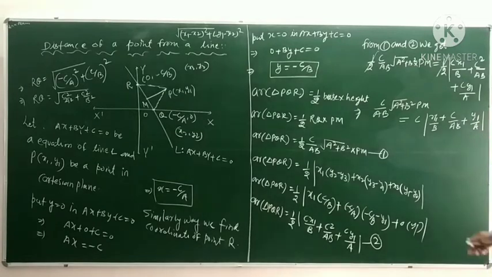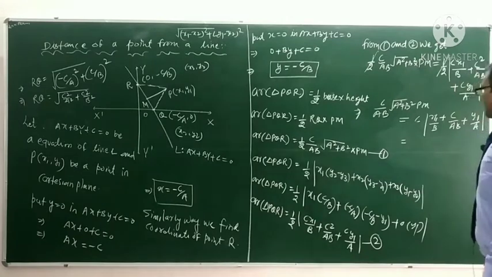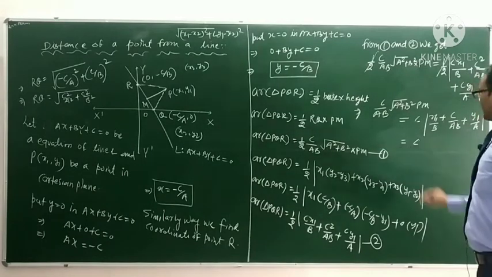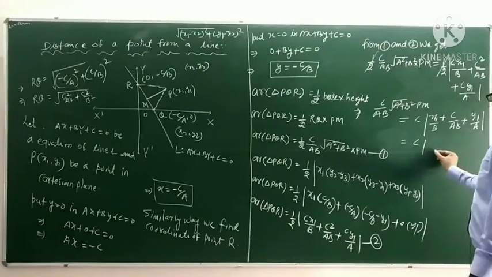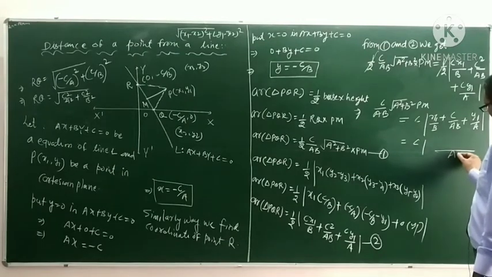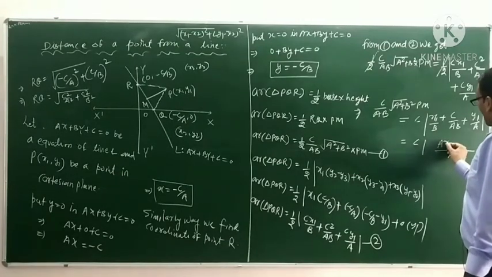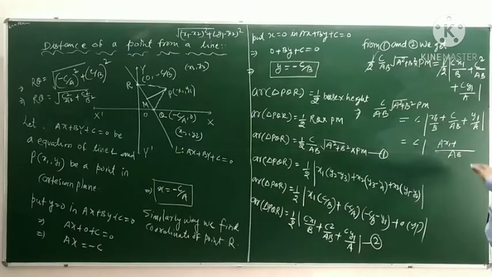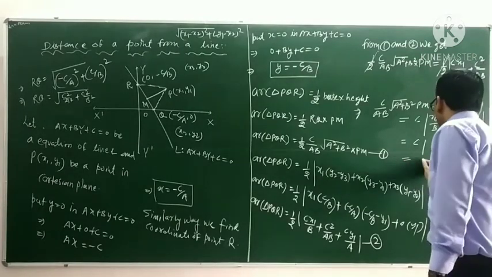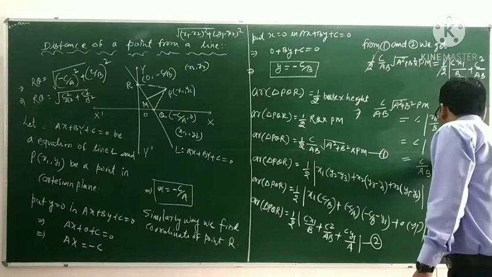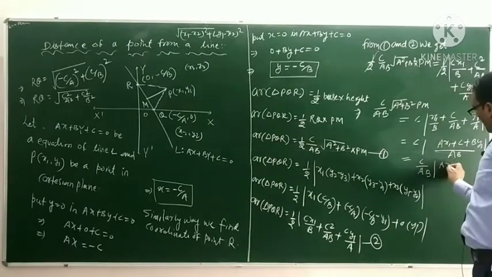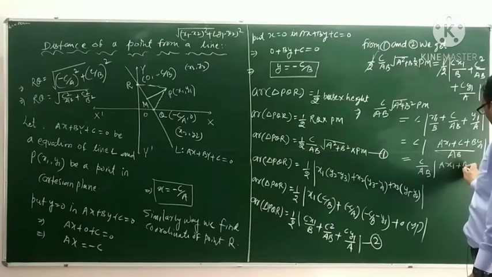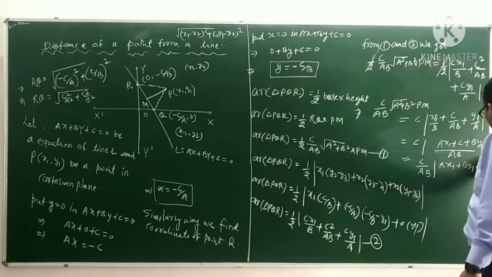Okay students, because we take the common c, this is equal to c mod of ax1 plus c plus by1 upon ab. Okay students, this is equal to c upon AB mod of ax1 plus by1 plus c.